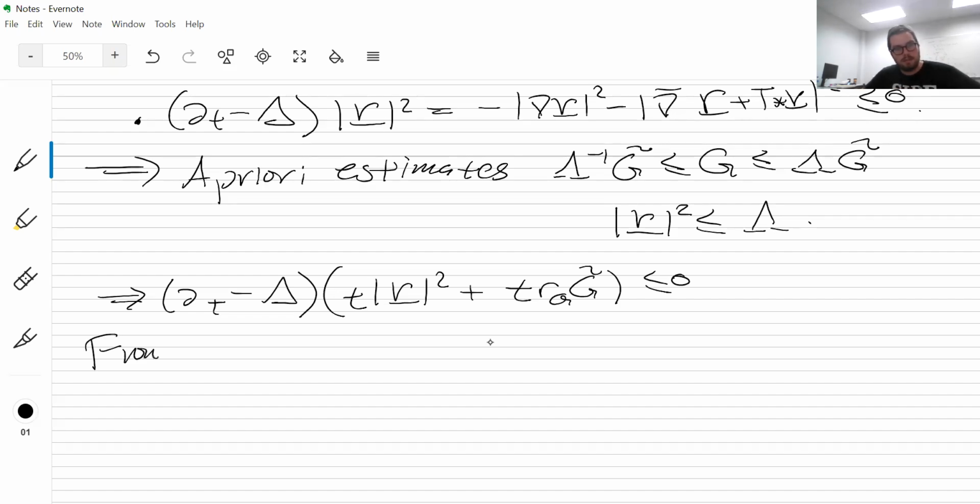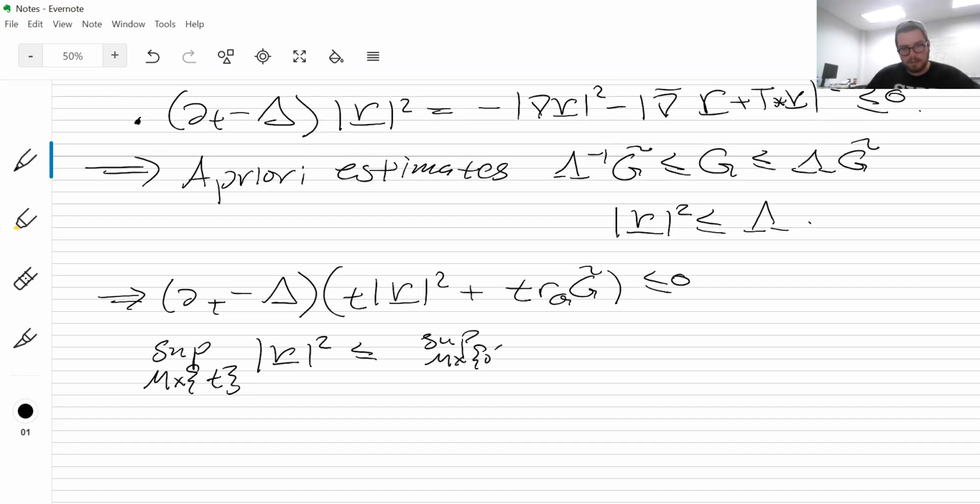So from here, let me write down the estimate. This is epsilon squared controlled by the initial data over T. This is your parabolic regularization for any T positive.